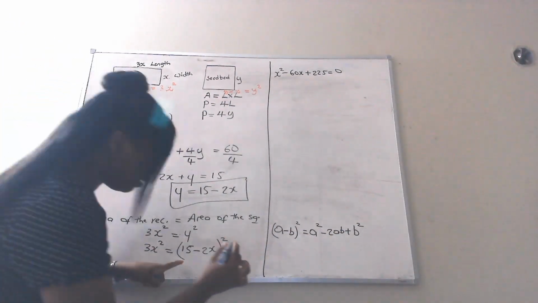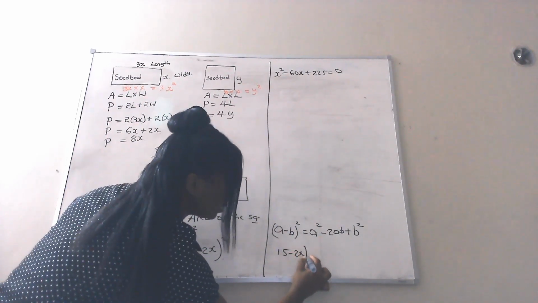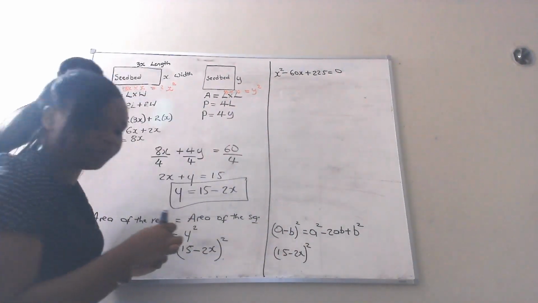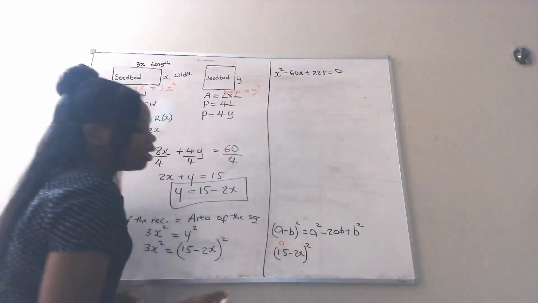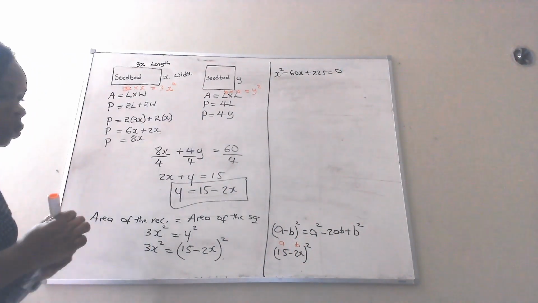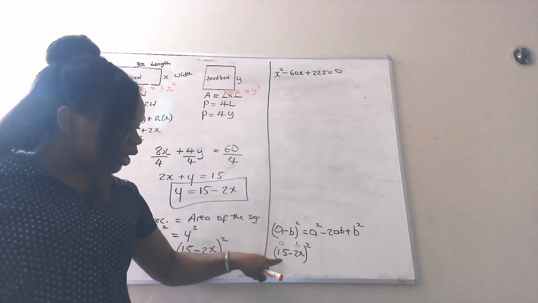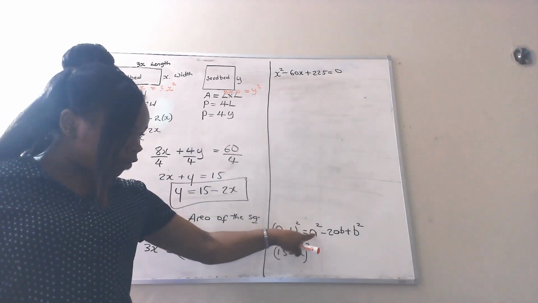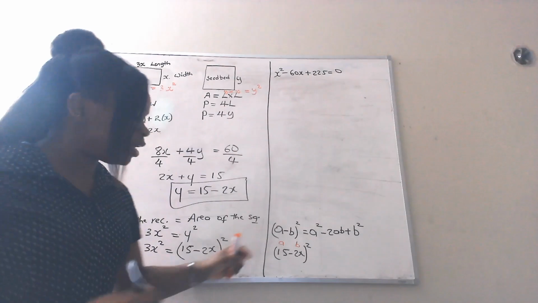So this is what we're given, which is (15 minus 2x) all squared. So the 15 is our A and the 2x is B. So based on what is given, according to the formula, we're going to square A.